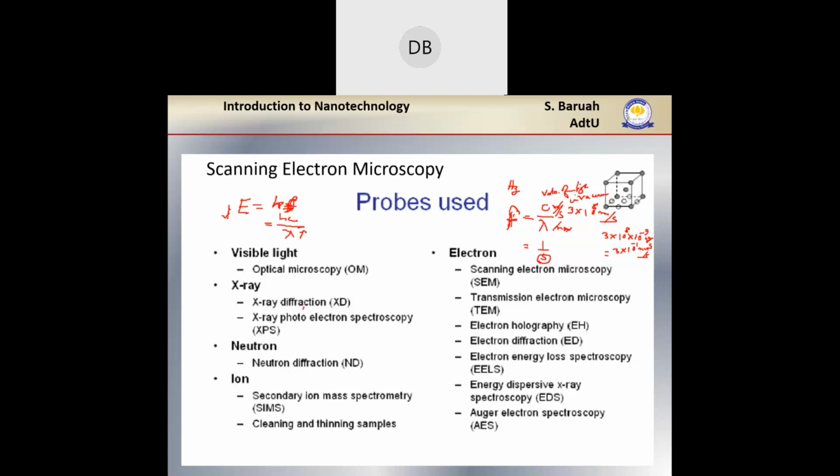For electron microscopes, be it the scanning electron microscope or the transmission electron microscope, we use electron beams as the primary probe. That means we shine a beam of electrons onto the sample in order to image it. That is the primary probe. Now, what will be the secondary probe? That is something we will have to see. Now, let's proceed to the electron microscopes.